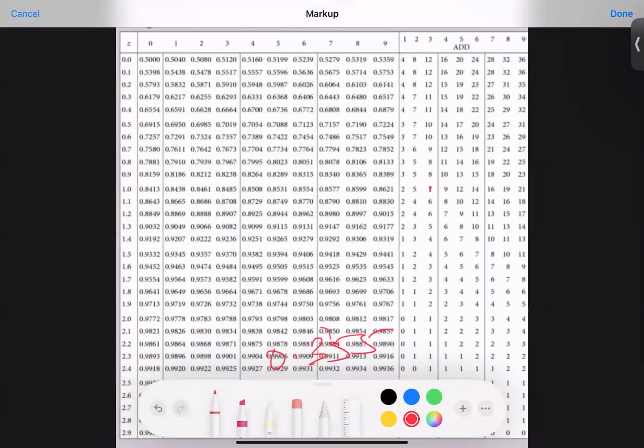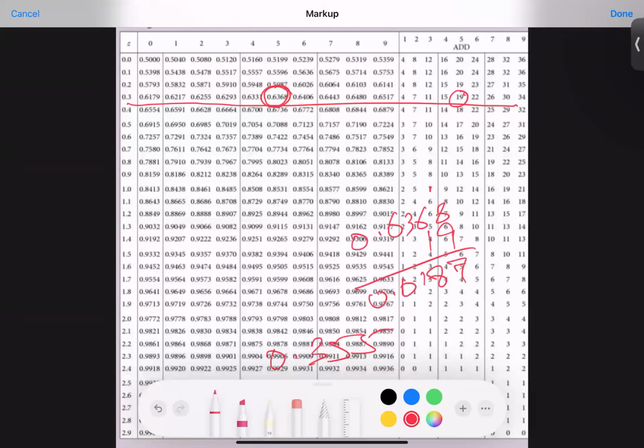Okay, 0.3 is here. So this is the line of 0.3. Then 5 comes from here. So this value is 5. And this 5 comes from here. So this is 19. So 0.6368 and 19 add. So 7, 1 carry, 7 and 8.